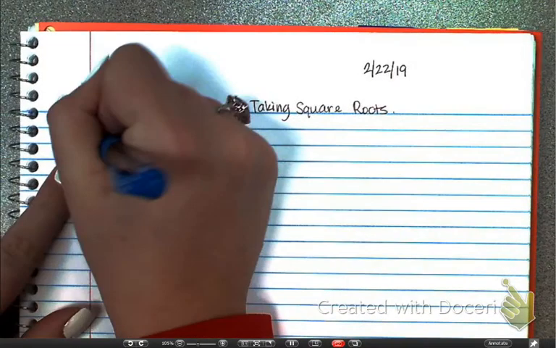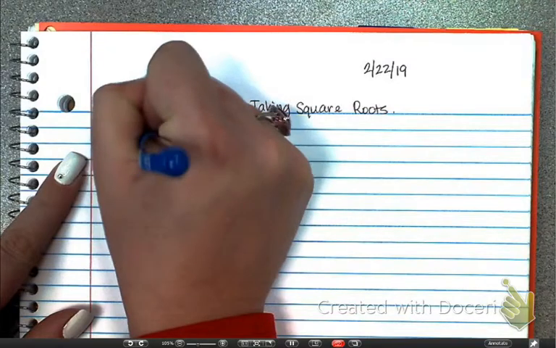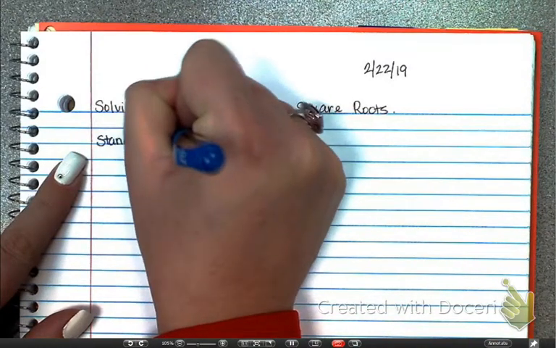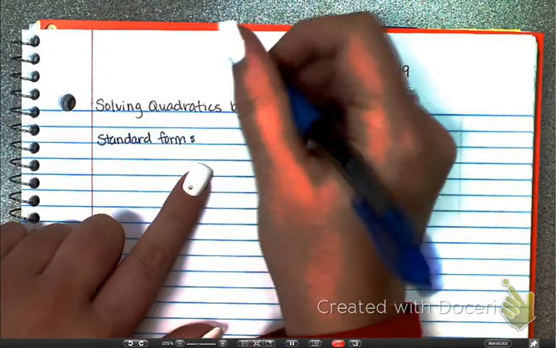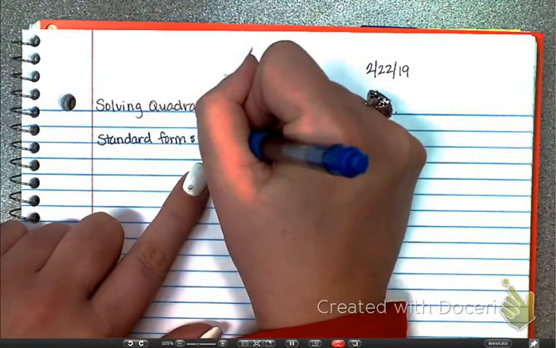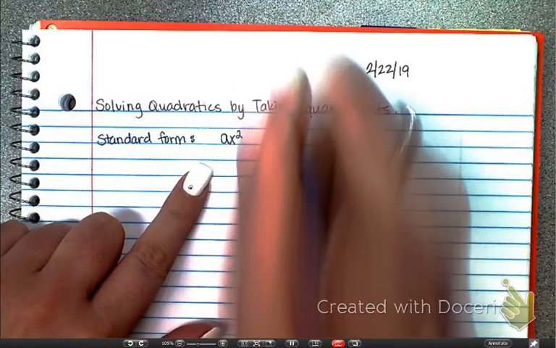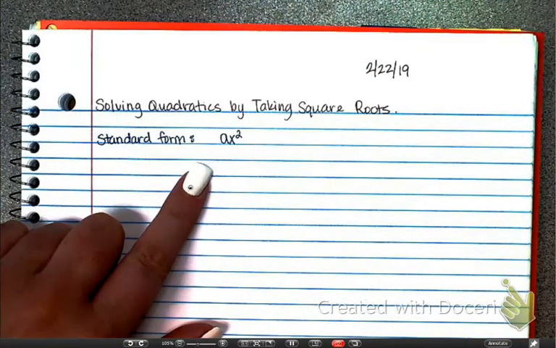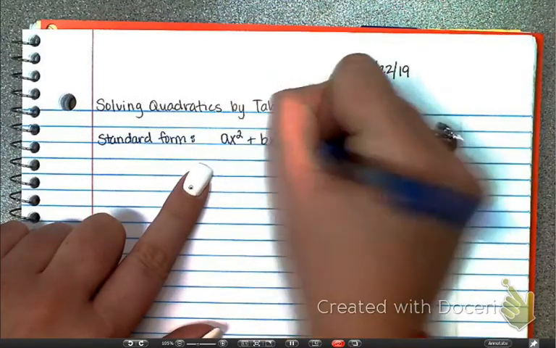So standard form of a quadratic equation, this is going to be important. You already know it. What is standard form of a quadratic equation? What's our general form? How about I start you off? What if I give you ax squared? What comes after that? Plus bx plus c.